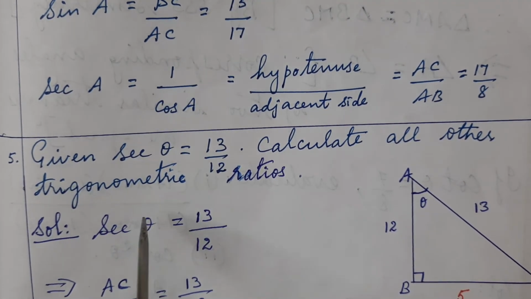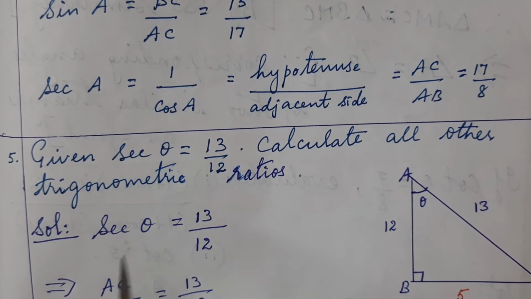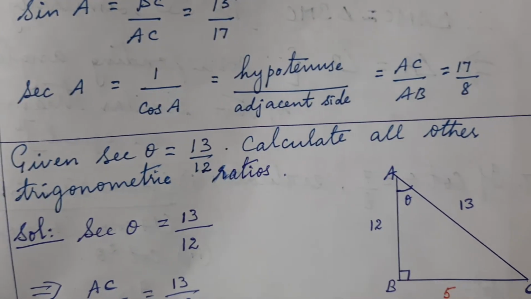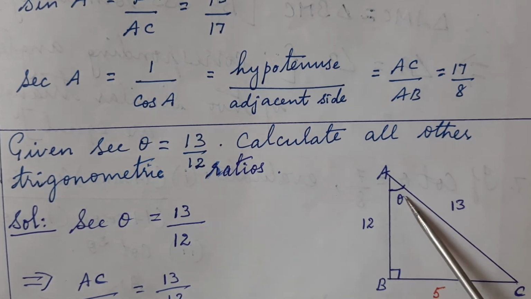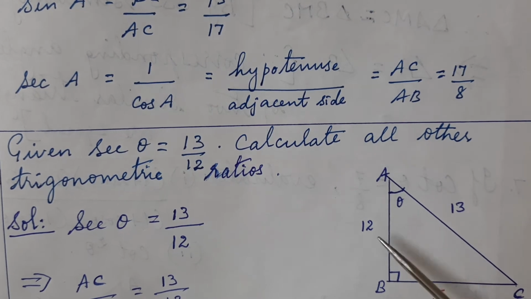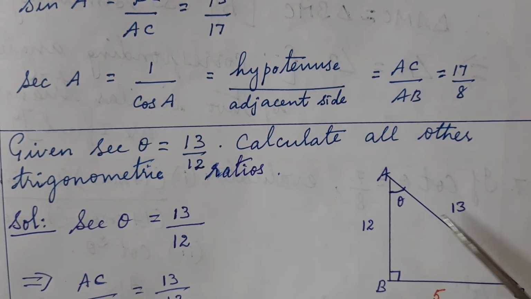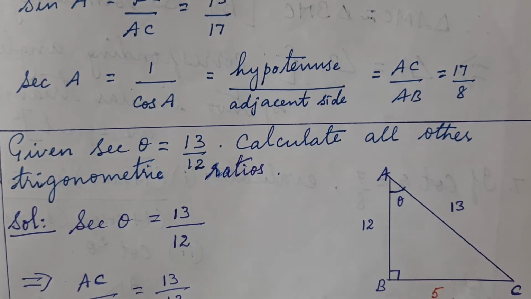So 1 by cos theta is adjacent by hypotenuse. So secant theta will be hypotenuse by adjacent. So now I have taken a triangle ABC. So I have taken A as theta. Now secant theta, if A is theta, adjacent will be 12 and hypotenuse will be 13. Opposite we don't know. So we have to find out.